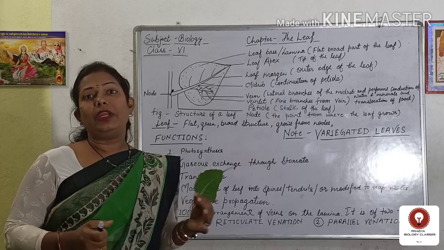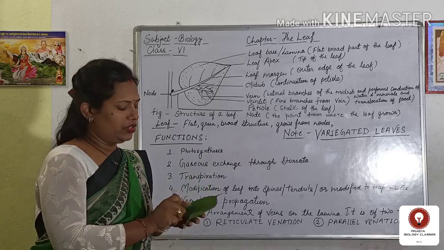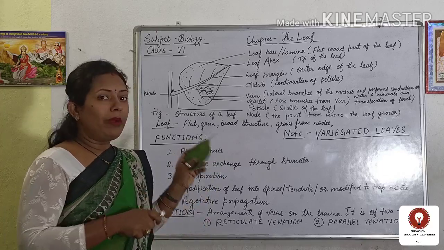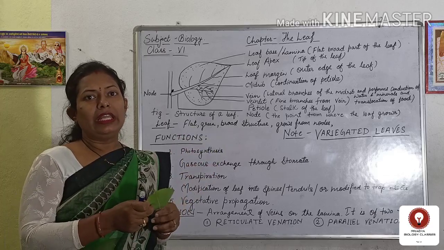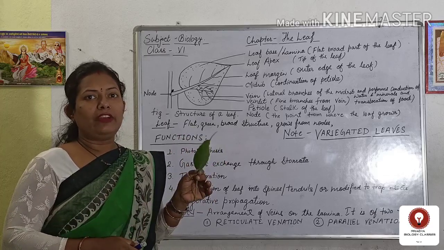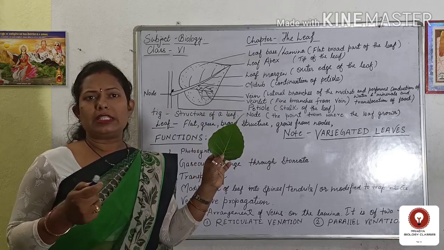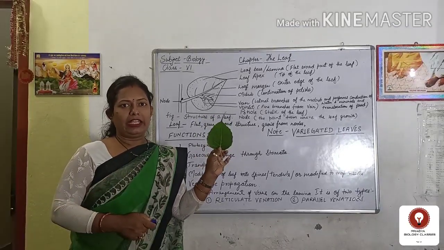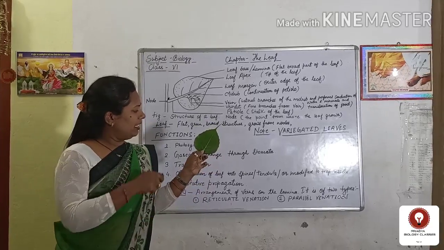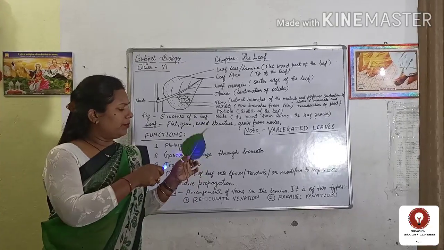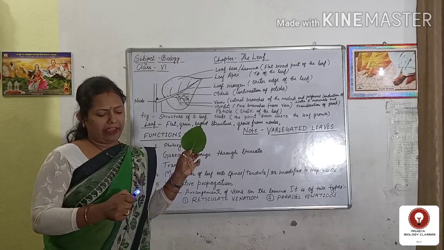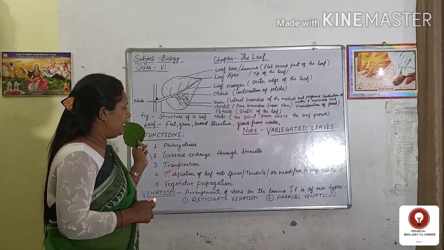Now what is reticulate venation? Reticulate venation means when the veins form a network-like structure, as you can see in the peepal leaf or other simple leaves. I have collected the peepal leaf here for showing reticulate venation, and then I will show you parallel venation in the banana leaf.